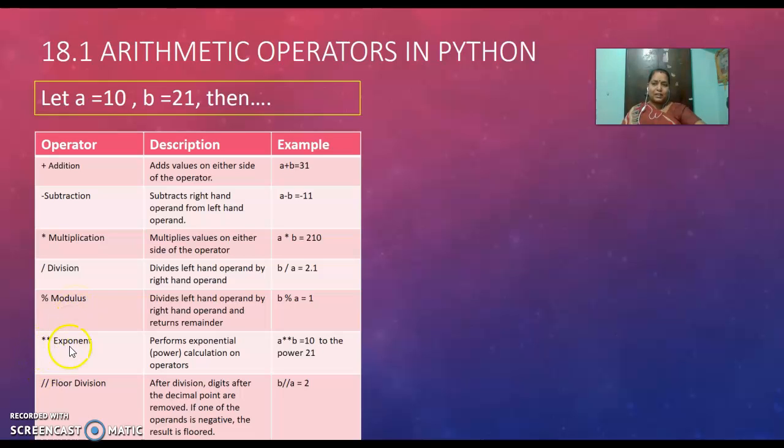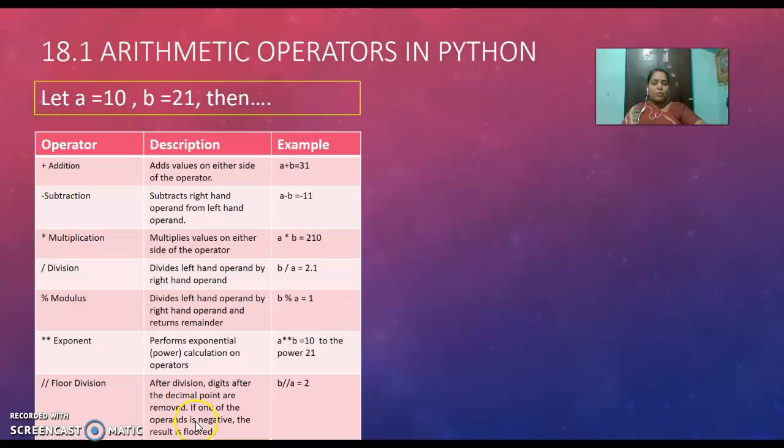And double asterisk is used to calculate the exponential value or power value. For example, a double star b, a equal to 10 and b equal to 21, this will compute 10 to the power of 21. And next, double slash, this operator is used to perform floor division. After floor division, the digits after the decimal point are ignored.